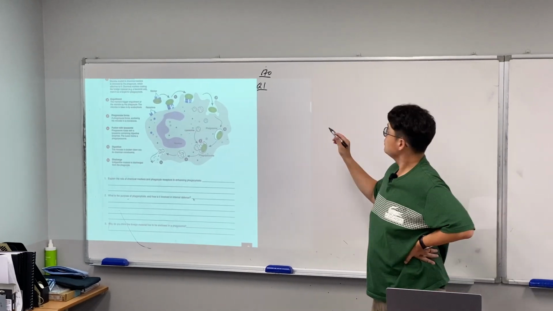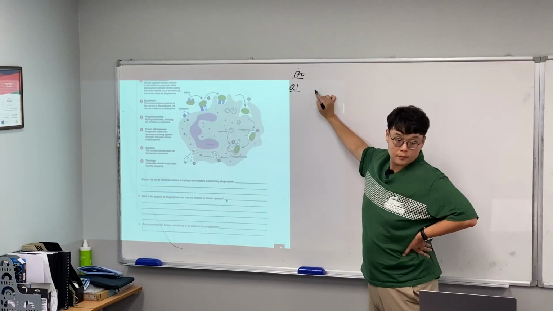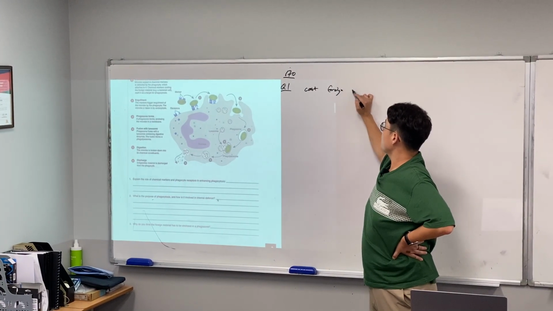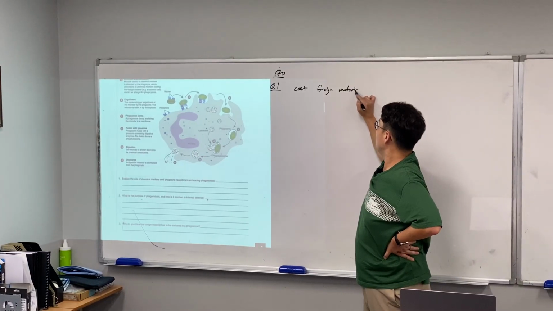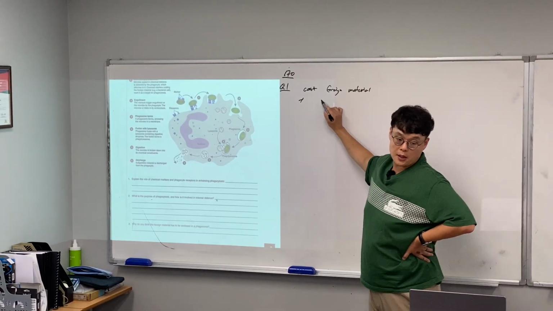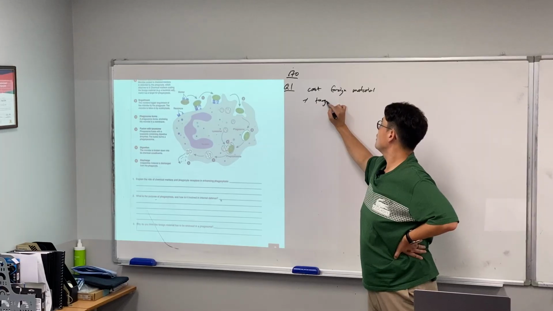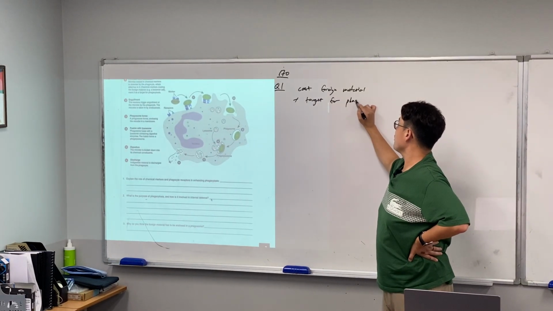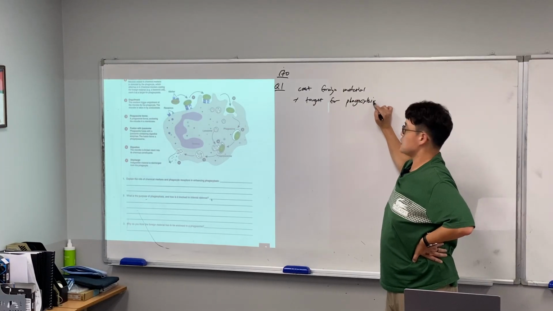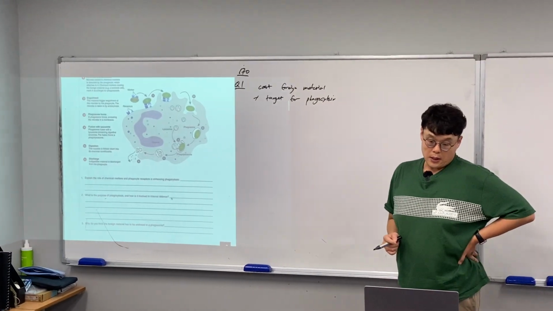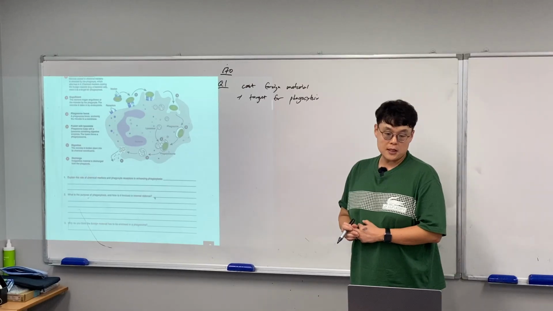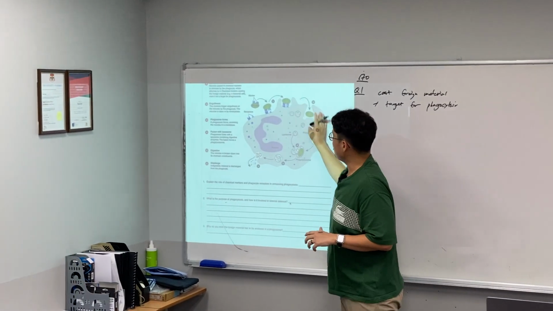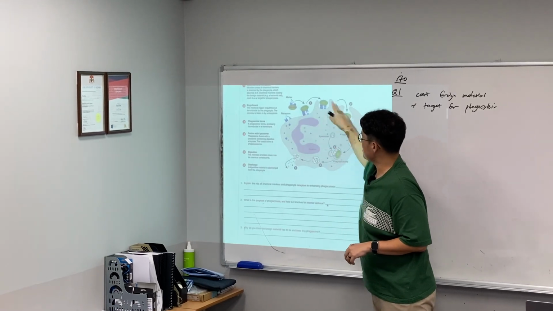They coat foreign material, which marks it as a target for phagocytosis. Good. And these markers bind to the phagocyte receptors, which triggers engulfment. So engulfment is like they are digesting the whole thing.